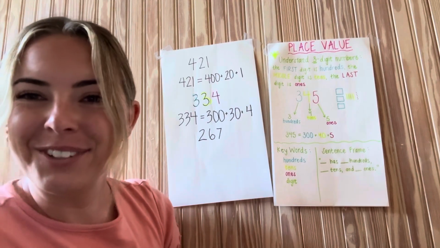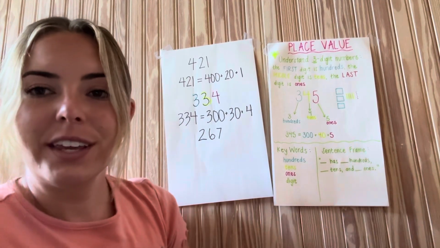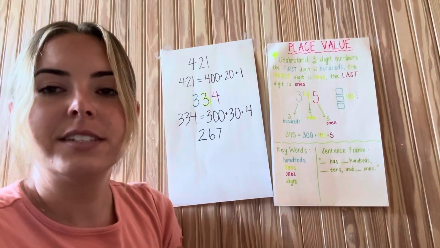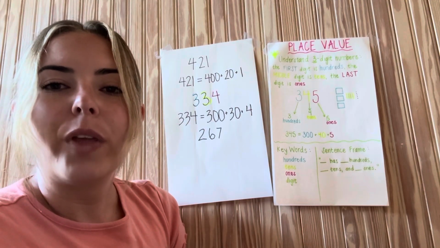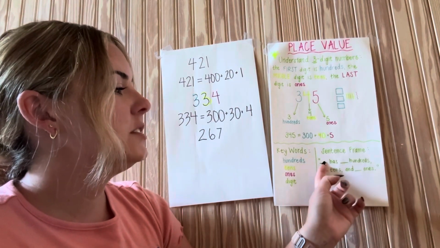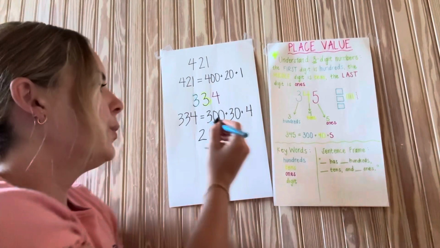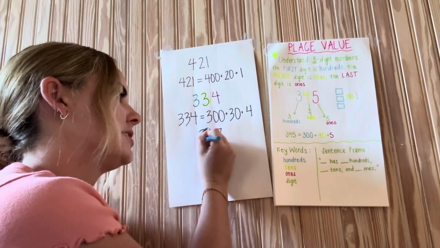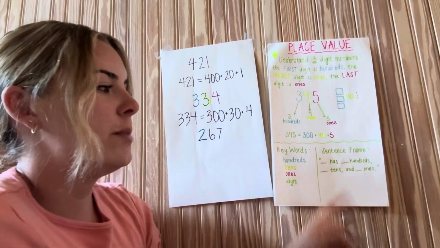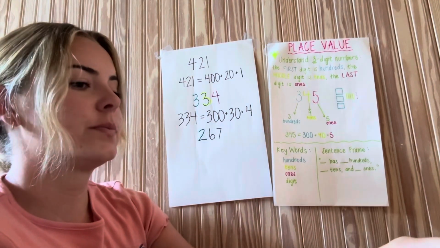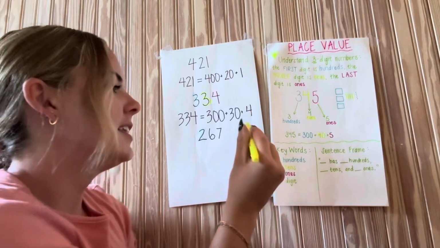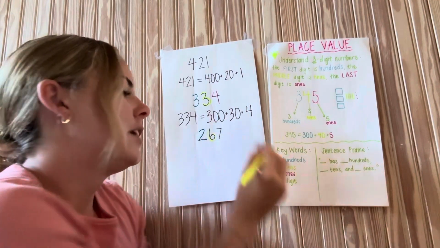All right, are you guys ready? So looking at the number 267, how many hundreds? 2 hundreds, that is correct, okay? And how many tens? 6 tens, that is correct, okay?